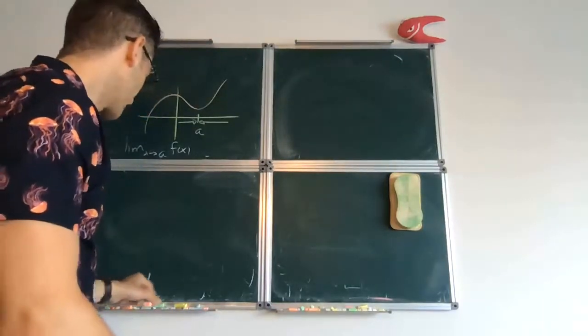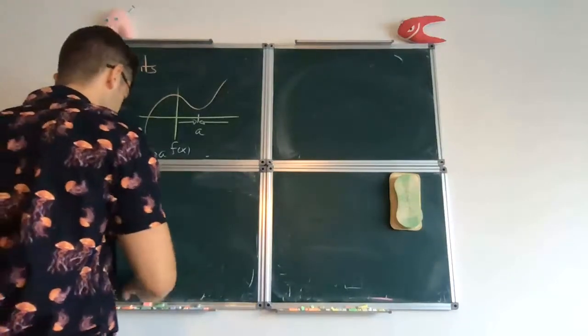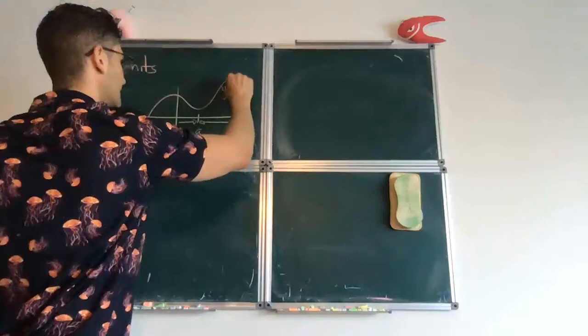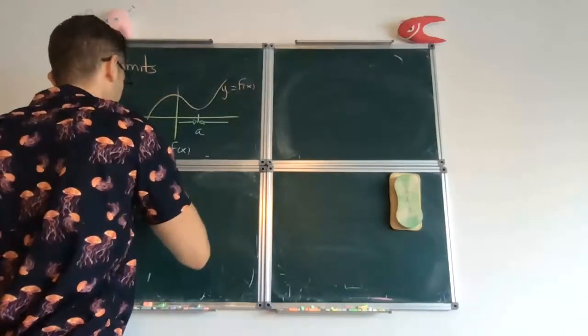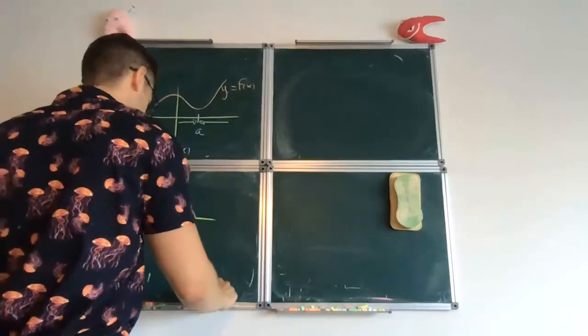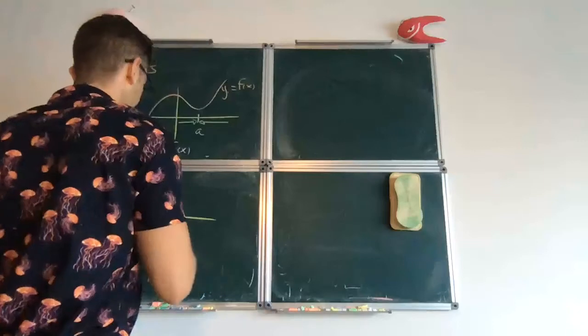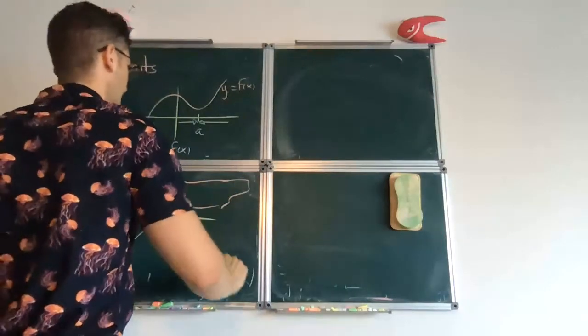On the other hand, now when you have a function of, let me just call this y equals f of x. When you have a function of several variables, then the graph looks like a surface.